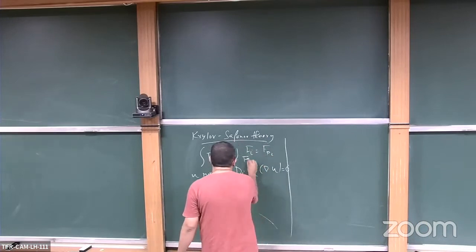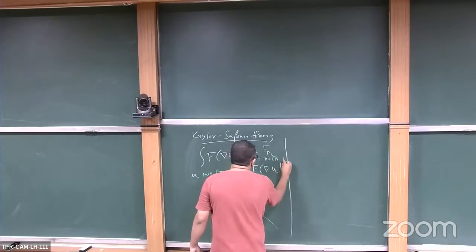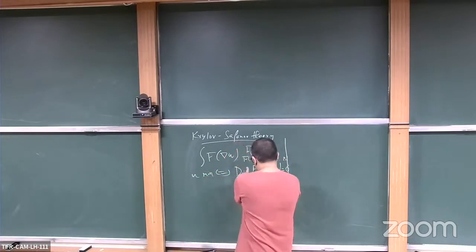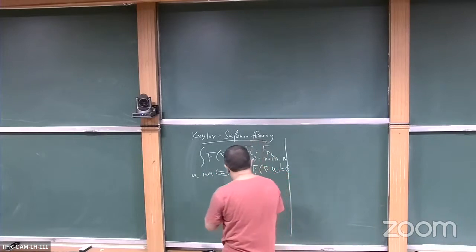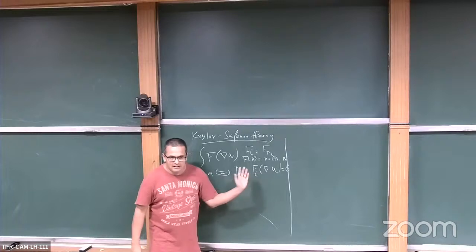So f is a function of p, and p equals p_1 all the way up to p_n. So this is the Euler-Lagrange condition. Now what I do is that I differentiate it with respect to one unit direction e_k.